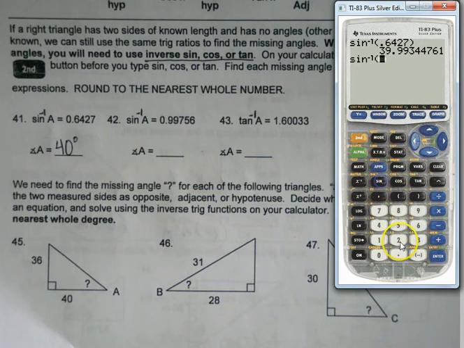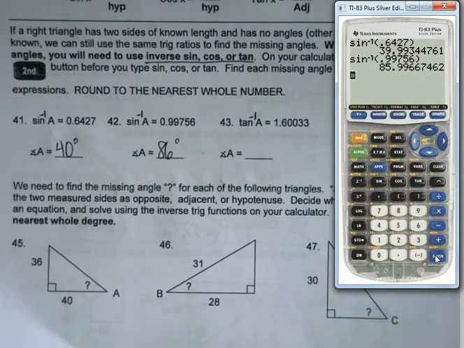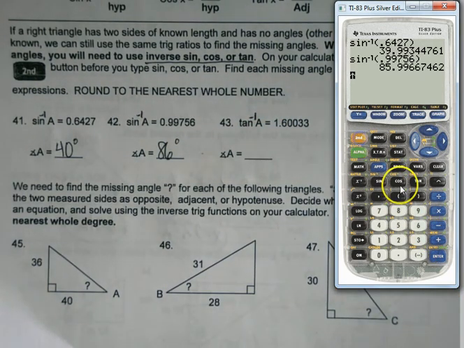We're going to want to do second with that and just get a little bit of practice with finding my angles. And basically the only thing I got to be careful of is that I type the right function in.